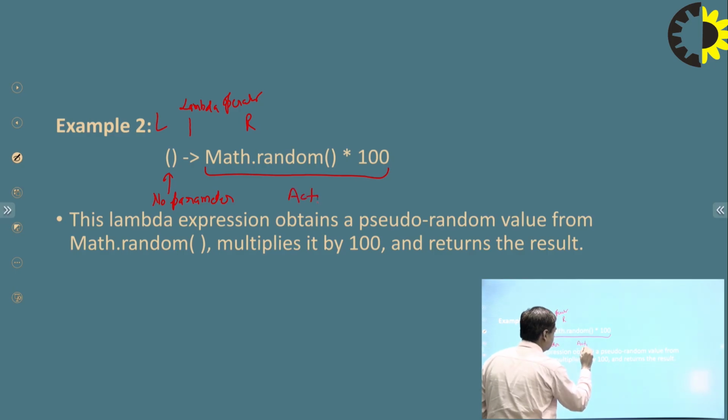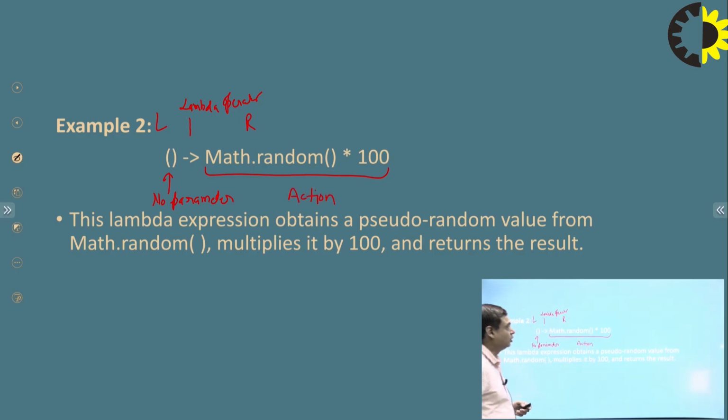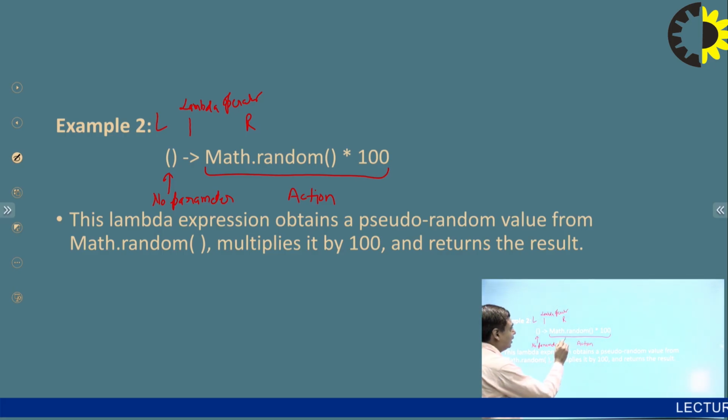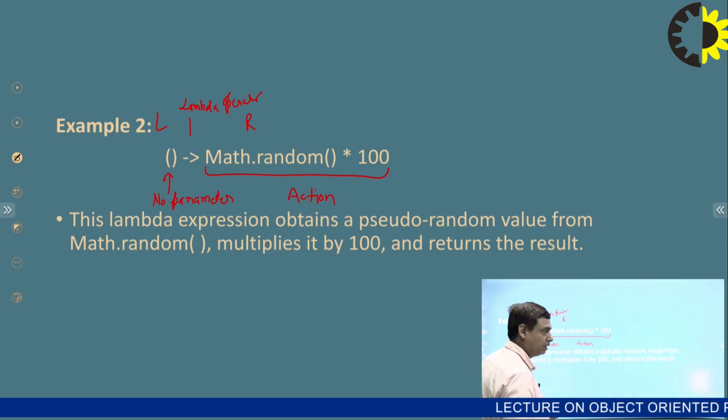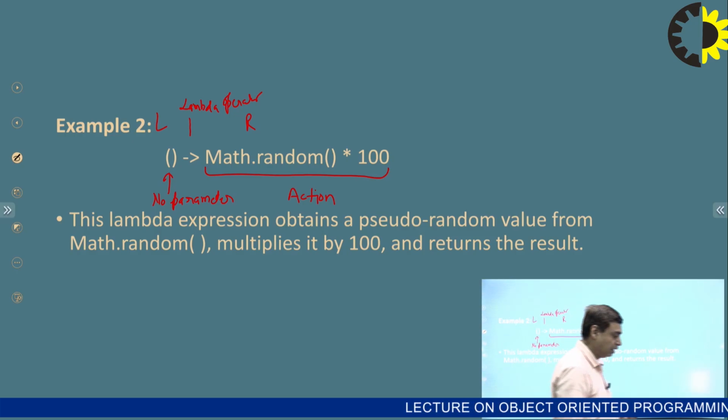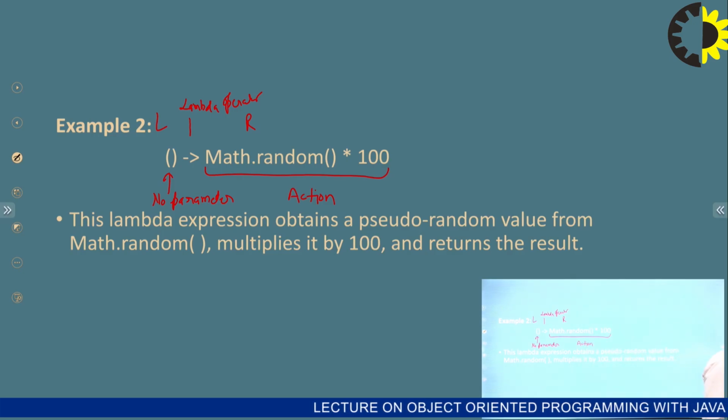In the action we have one expression, we are calling the random function of the Math class, whatever random value is returned will be multiplied by 100, and that multiplication will be returned as a return value.